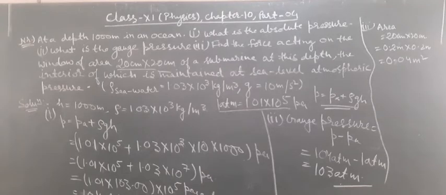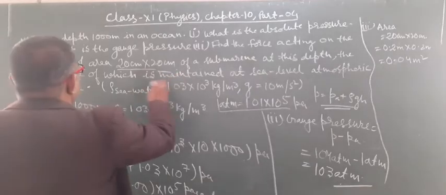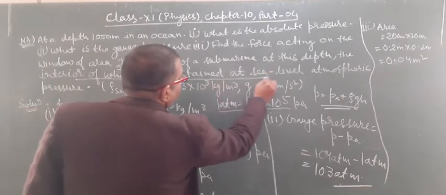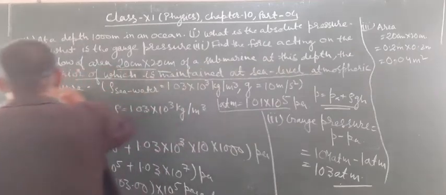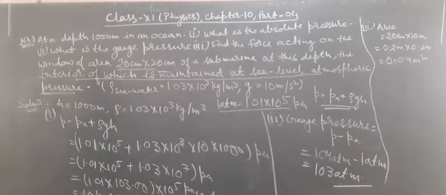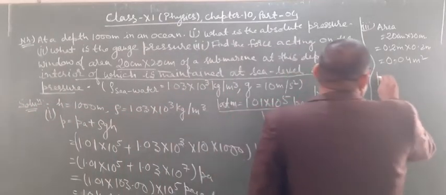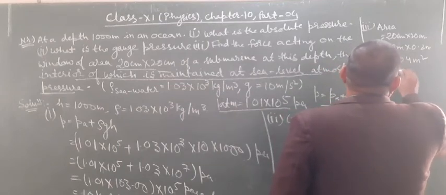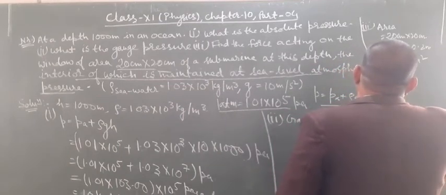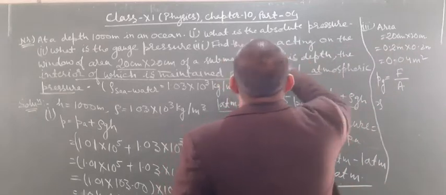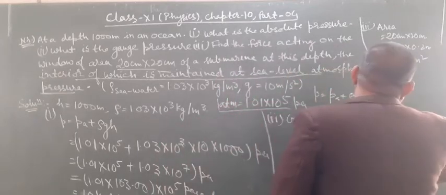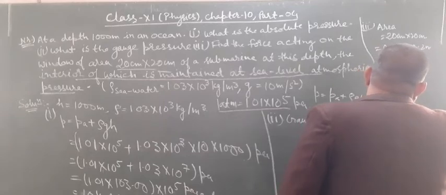The net pressure acting on the window is the gauge pressure, because the interior is maintained at the sea level atmospheric pressure. So P_G is equal to force upon area, and we have to find the force acting. So force is equal to P_G into area.